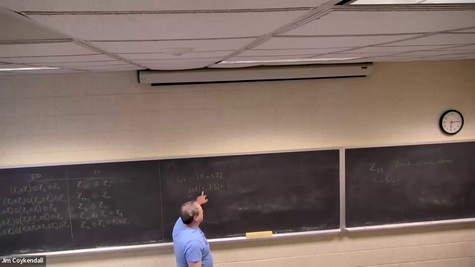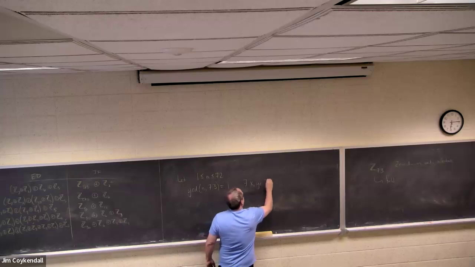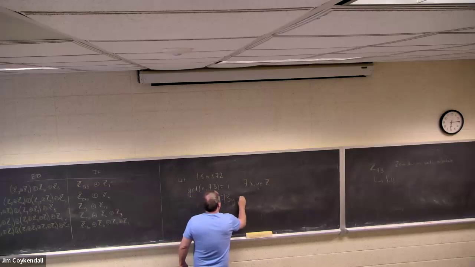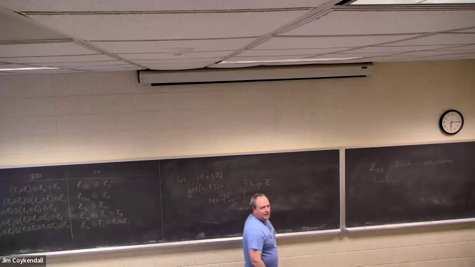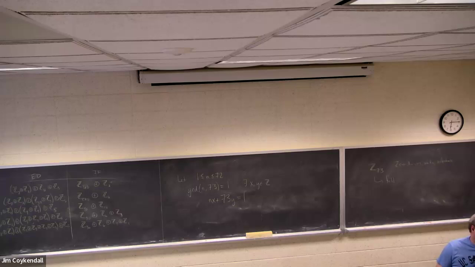The greatest common divisor of n and 73 is 1, so there exist x and y such that nx plus 73y is equal to 1, because the greatest common divisor is a linear combination of n and 73.